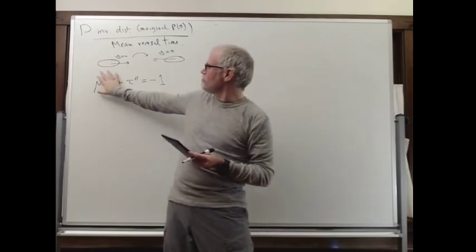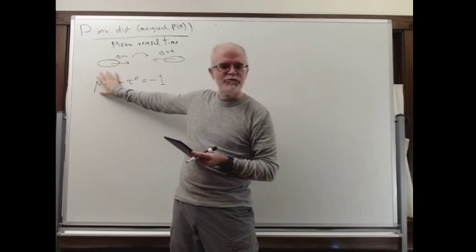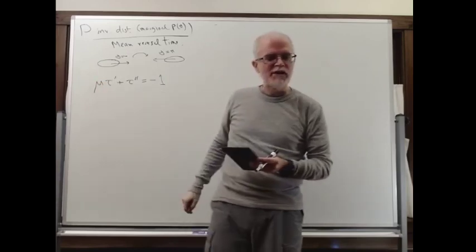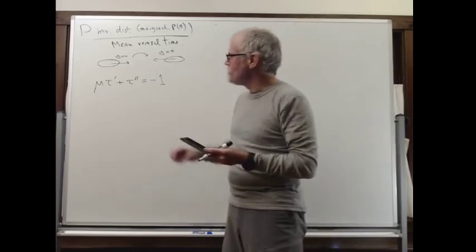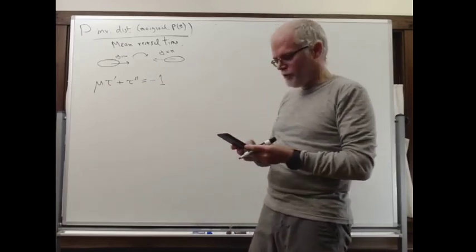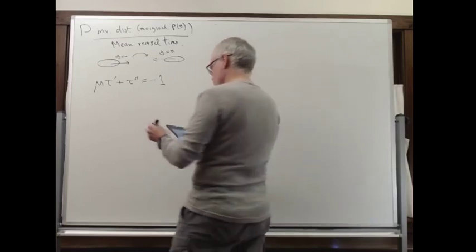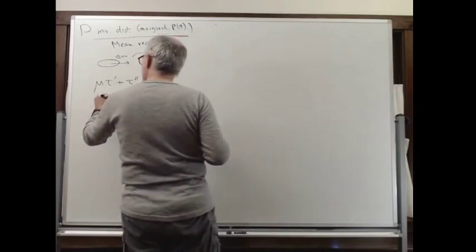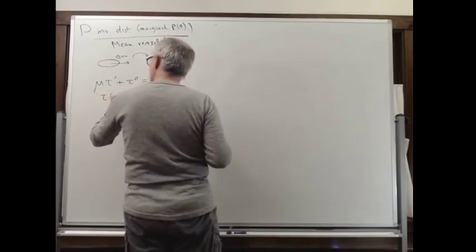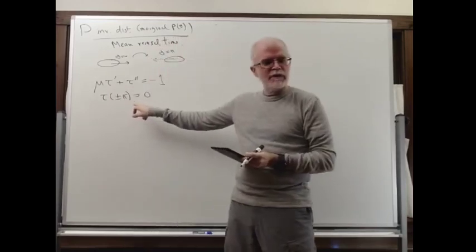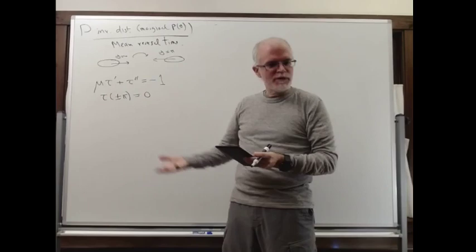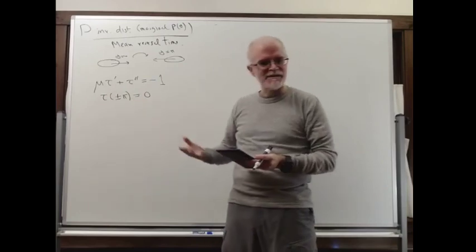You might have seen this particular form. The Laplacian equal to -1 is the mean exit time equation in the absence of drift, but this is the mean exit time equation in the presence of a drift, and you have to add boundary conditions. For our purposes, we're going to say that plus or minus pi are absorbing points. If you hit them, the probability goes to 0, therefore they are exits for our problem.